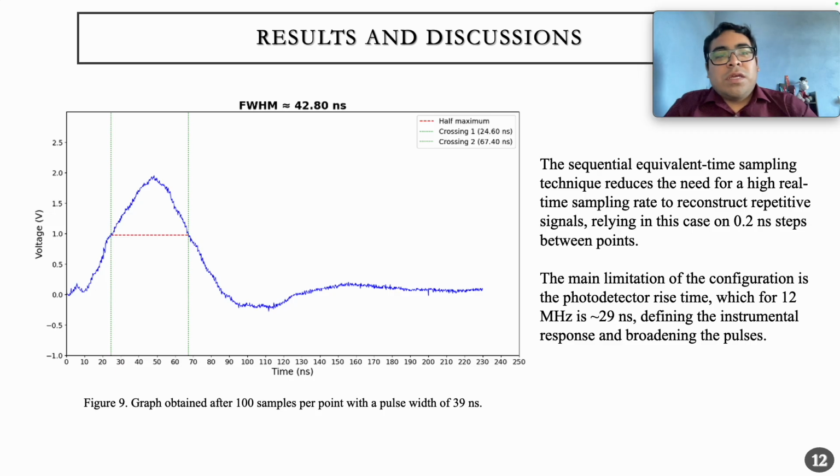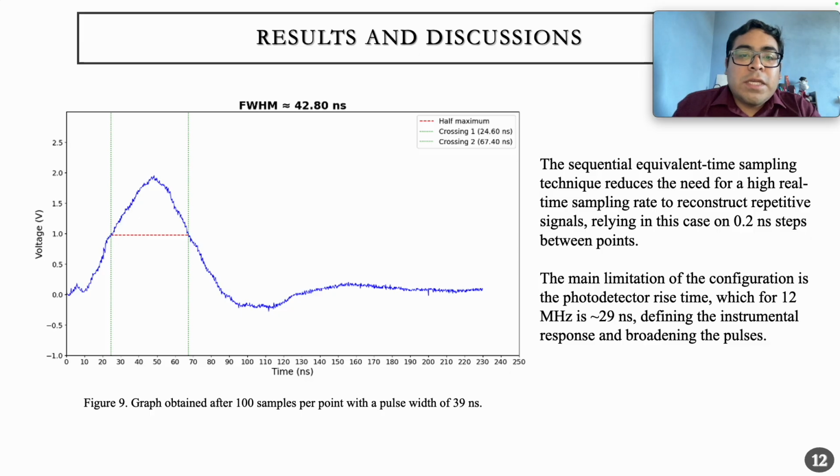For the next test in figure 6, it's possible to observe a measurement value much closer to the setting on the model since the FWHM is approximately 42 nanoseconds, which is significantly better than in the previous test, considering the slow response of the photodiode.